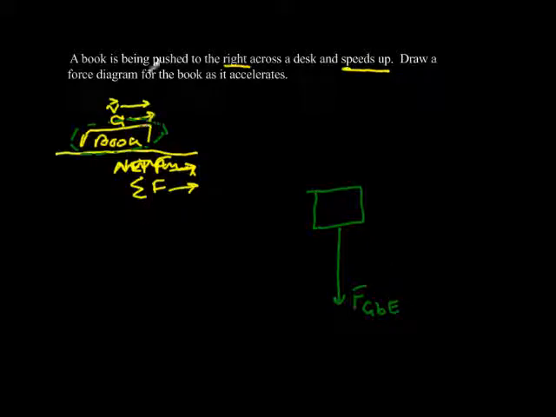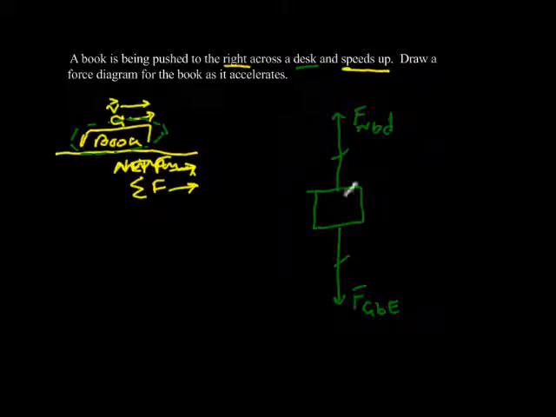I have no motion in the up and down Y direction, so I'm going to draw an arrow up, similar in length: force normal on the book. It's a desk, so I'm going to use D. Now, that takes care of my up and down, and these two are the same.